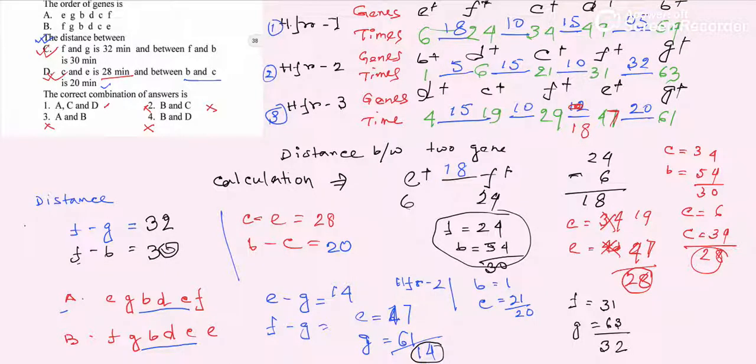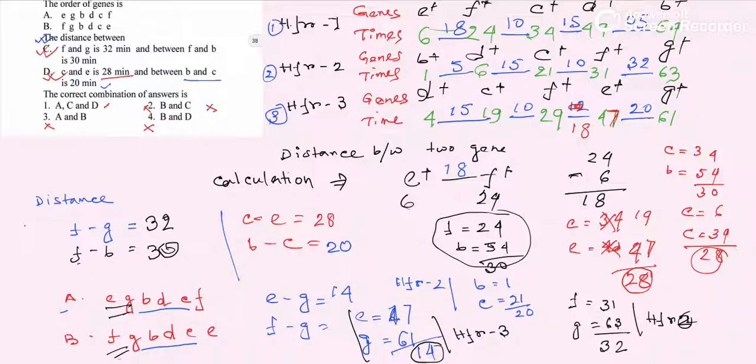F and G are present in HFR strain 2, while E and G are found in HFR strain 3. So we can easily say that the distance between E and G is consistent. So this combination should be more perfect than the other.